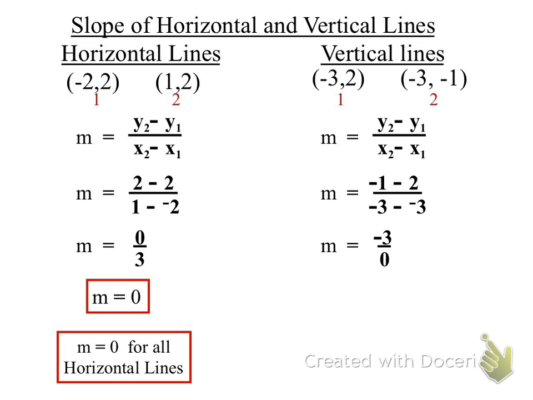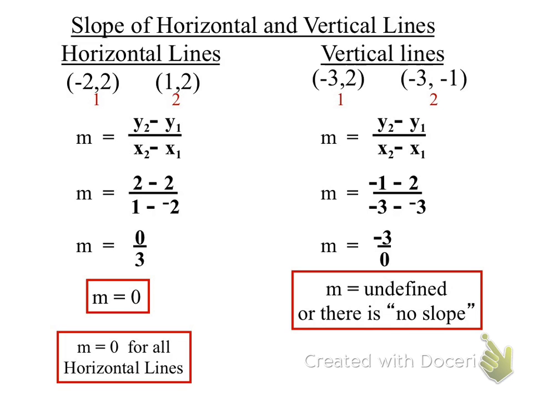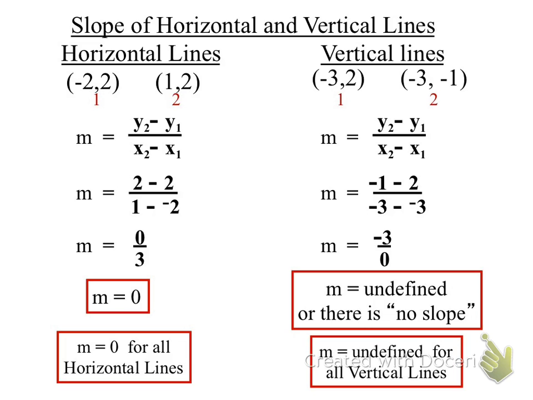If the 0 is in the denominator, it will be undefined or no slope. That's just picking any 2 points on the line. So this is for all vertical lines. You've got to get to know that those are going to be undefined.